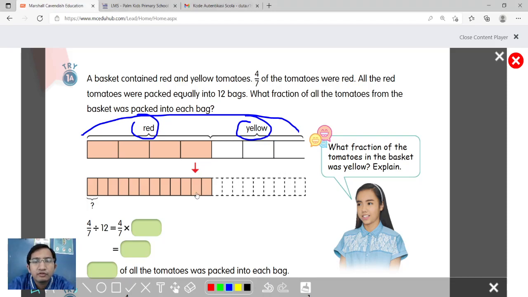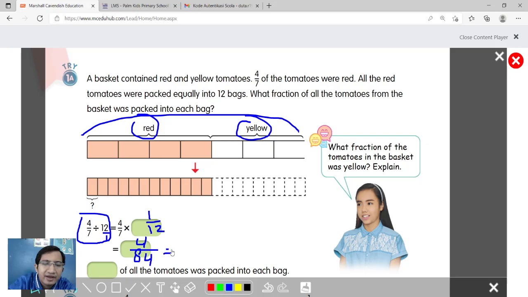So we know that 4 per 7 divided by 12 bags would be 4 per 7 multiplied by 1 per 12. So we get 4 per 7 multiplied by 12 is 84.